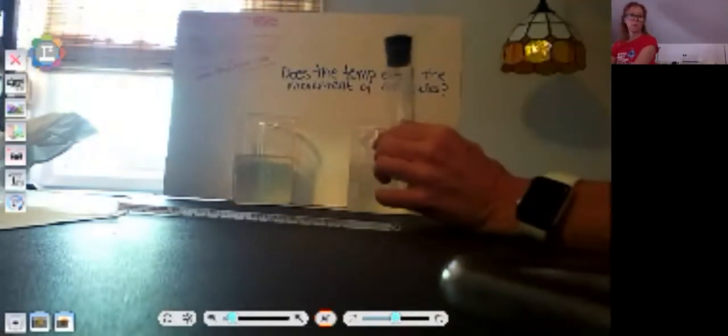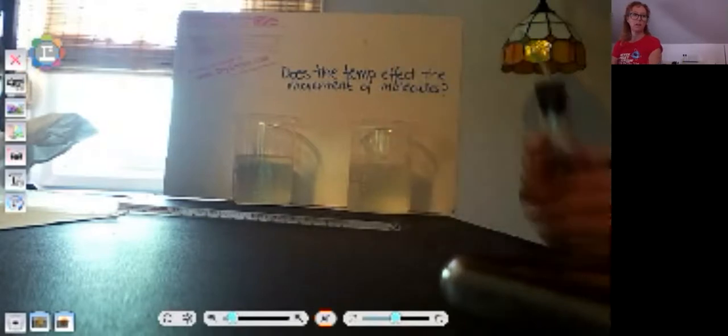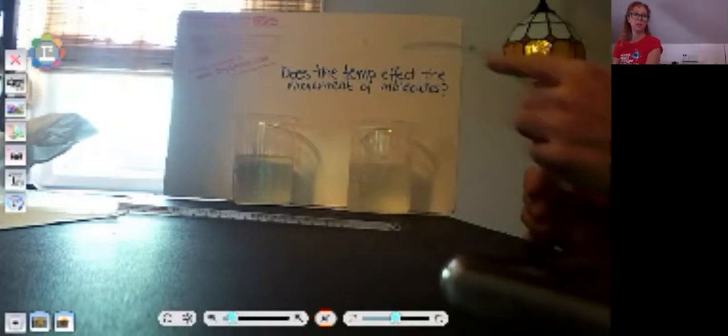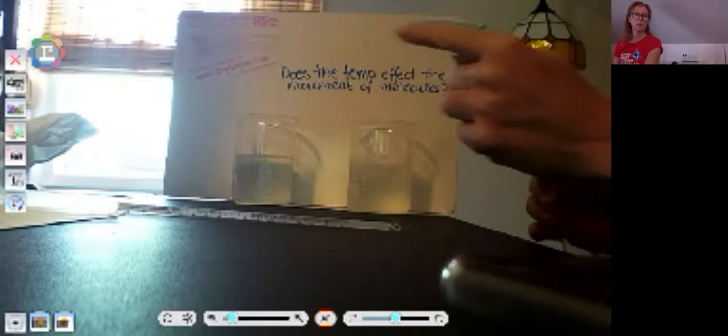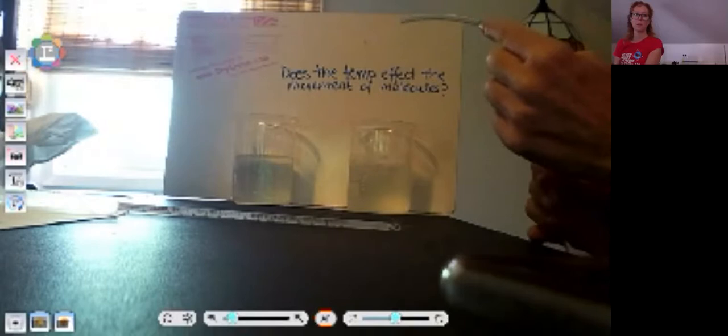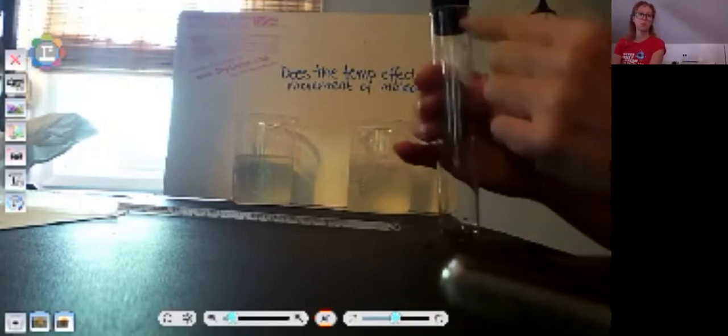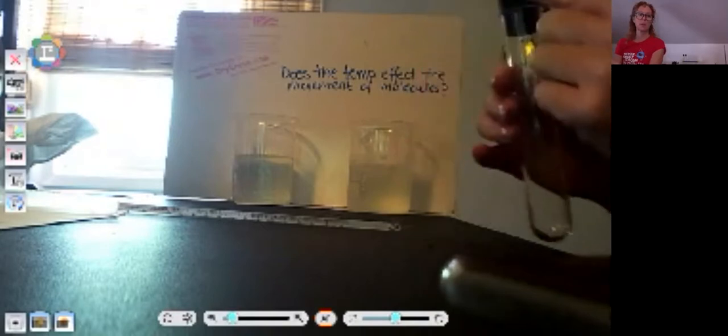There's air molecules in here, and there's air molecules outside. So the amount of pressure that these molecules are putting in right now is equal to the amount of pressure or movement of the molecules inside the tube.